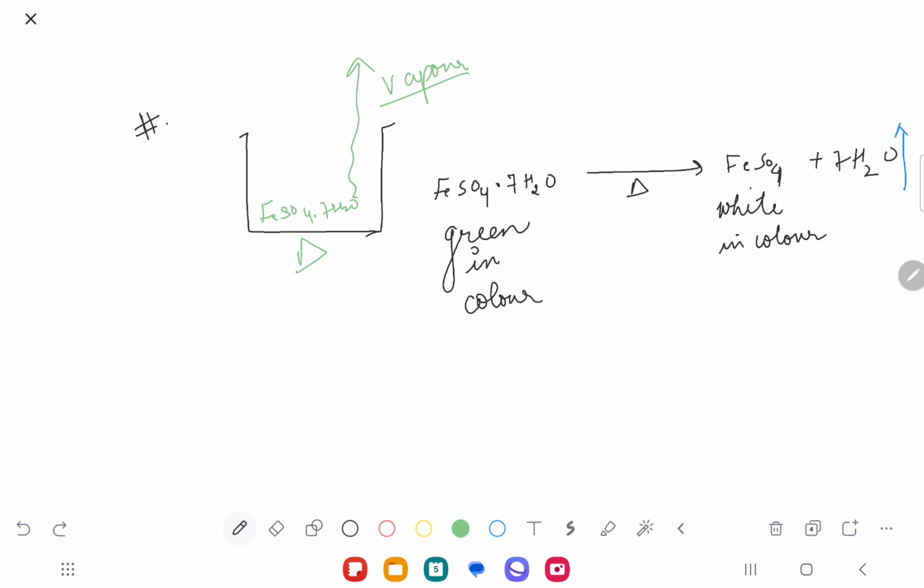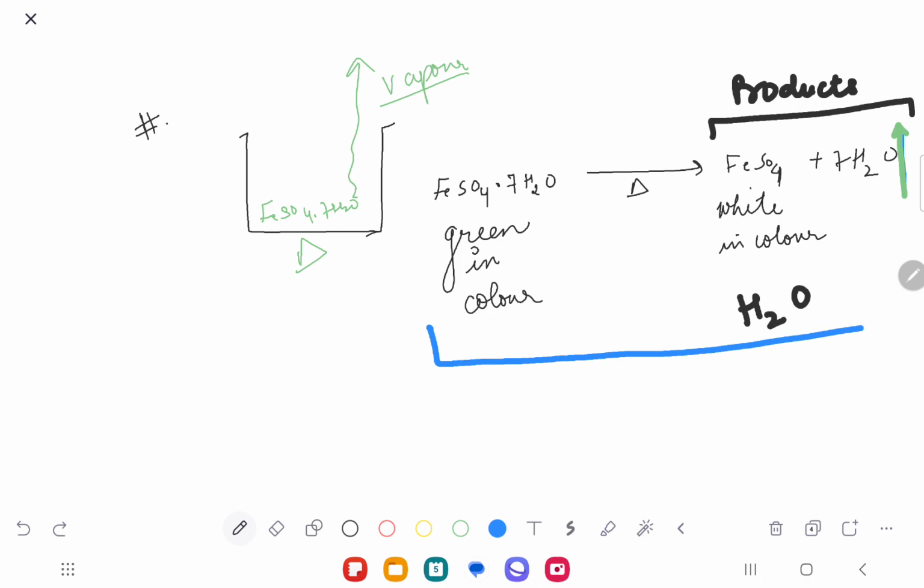This upward arrow indicates what? You tell me. Leaving the beaker. Exactly. Not the reactants. One of the products is leaving the beaker. You understand? So this is what my equation tells me.